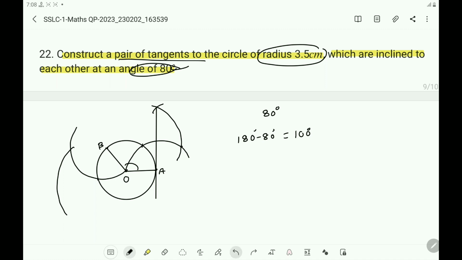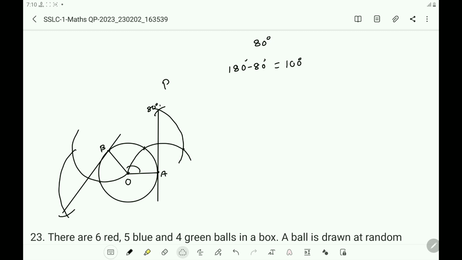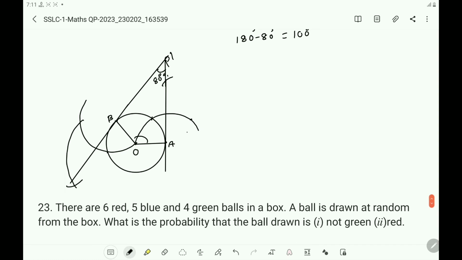Again you take this point, and next you cut it, and again here you join to get the tangent and extend both the tangent to meet at a point, then you got a point P. This is a point P, and if you measure the angle at point P, that is exactly how much? 80 degree. In this way, follow the steps and do the construction.